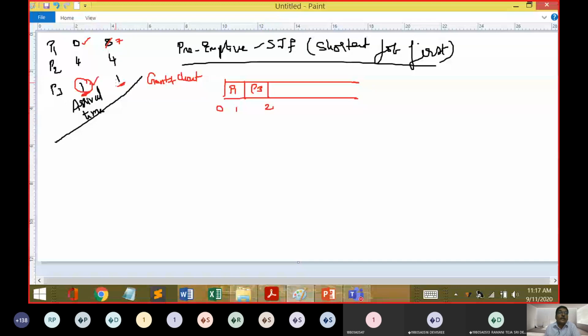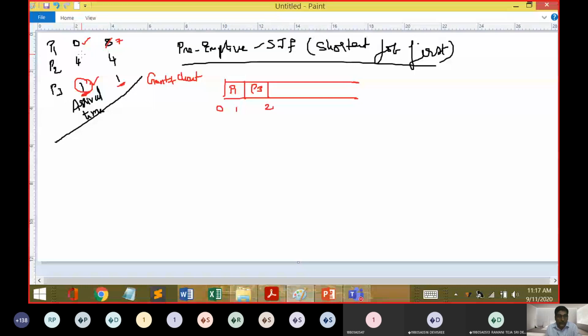Later, it is at the 2nd millisecond. P2 will come at the 4th millisecond. Still 3rd and 4th are pending, right? Meanwhile, P2 is not coming because P2 will come at the 4th millisecond.